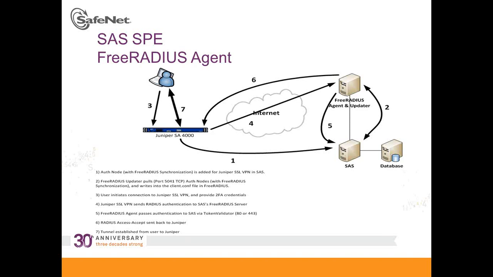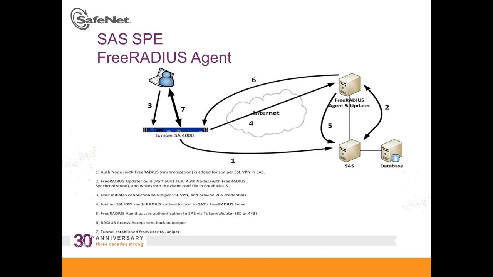So once the auth node has been registered, in step three, the user would initiate a connection to the Juniper and provide the username and their two-factor credentials. Step four, the Juniper sends a Radius request packet to the SAS FreeRADIUS server.